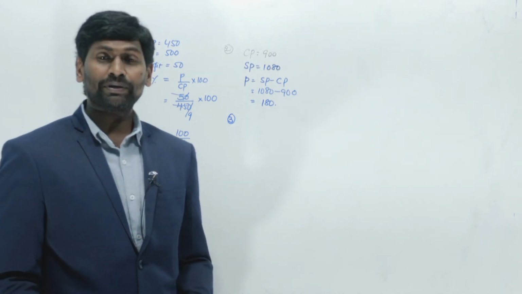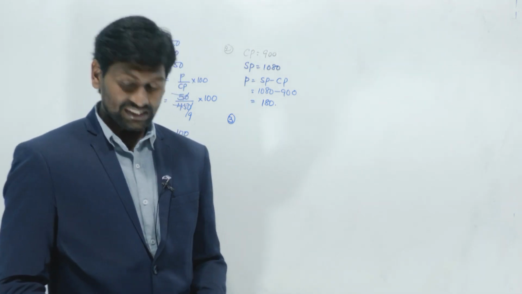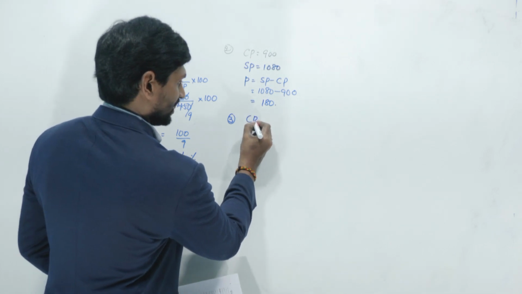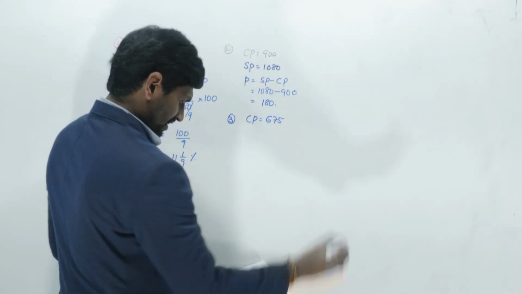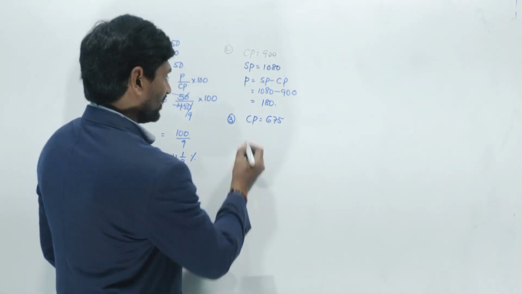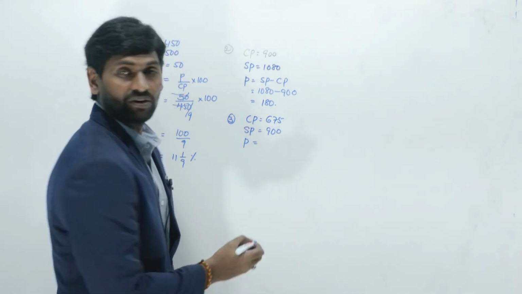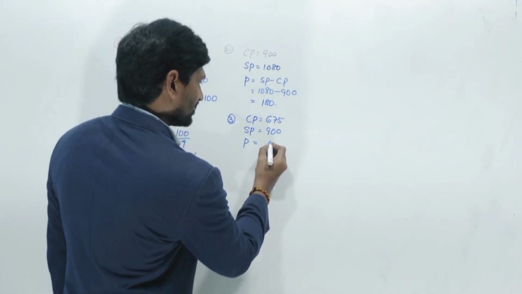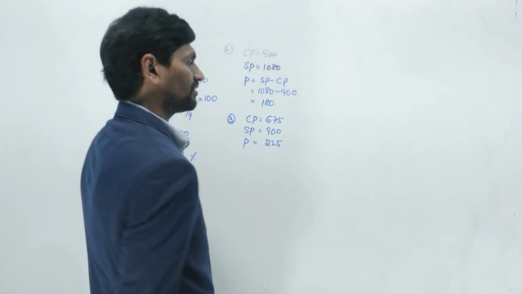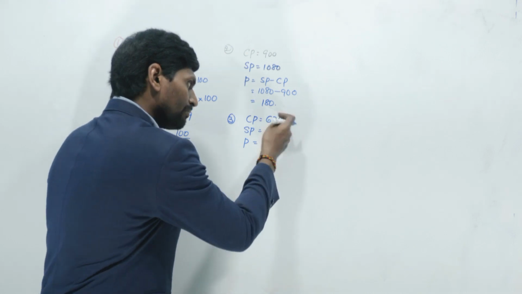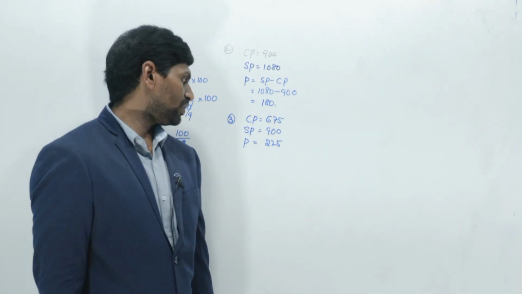Third problem. A shopkeeper bought an article for 675, so cost price is 675, and sold for 900. Selling price is 900. How much profit did he get? Profit is 225 rupees, because 900 minus 675 is 225.